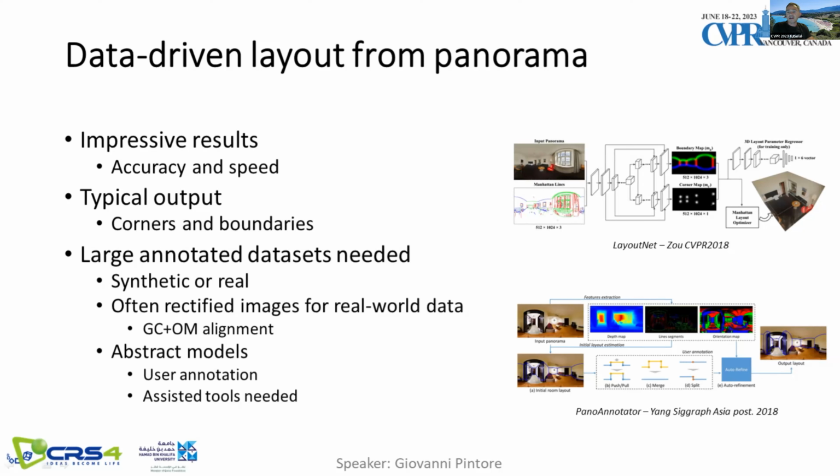In this case, the annotation is performed on rectified images so that edges and boundaries are canonical, that is, Manhattan axis aligned. And for this reason, many important publicly available datasets are Manhattan axis aligned. And this, of course, affects even network analysis.